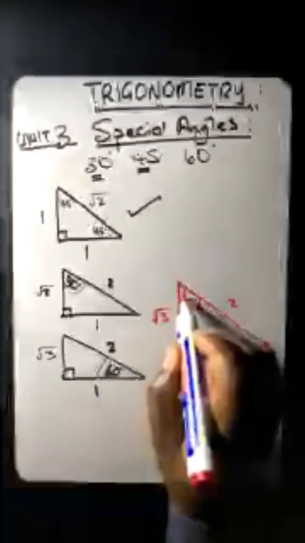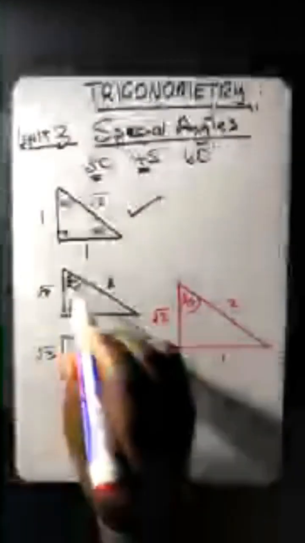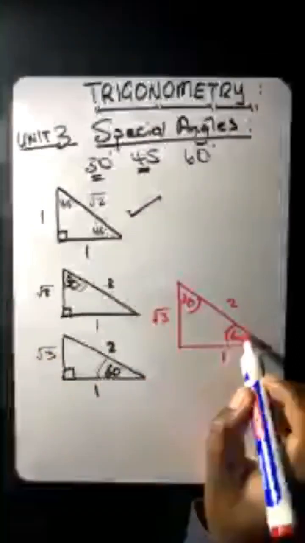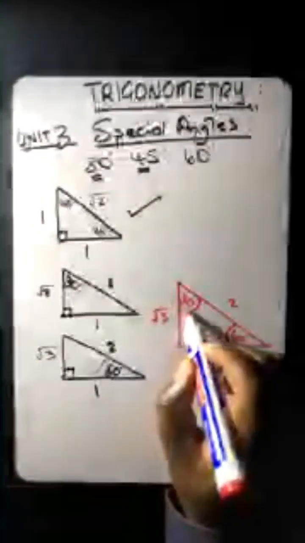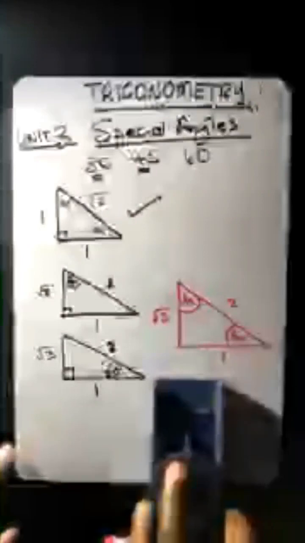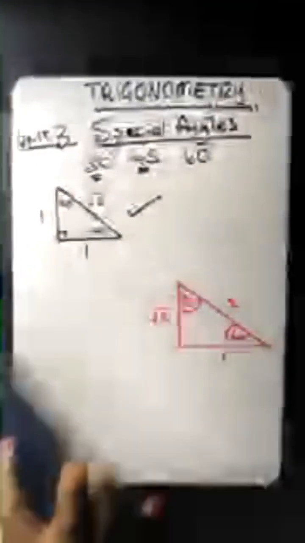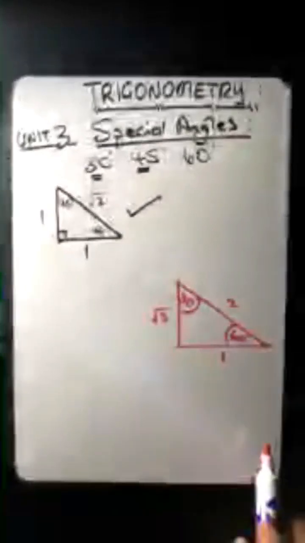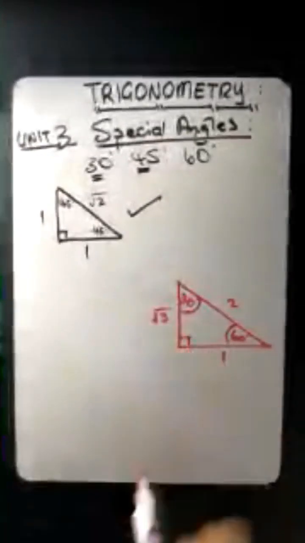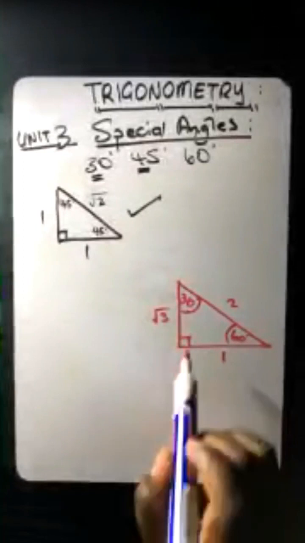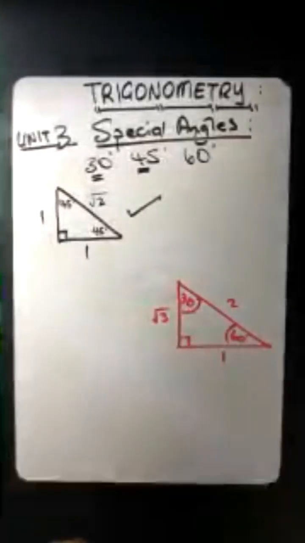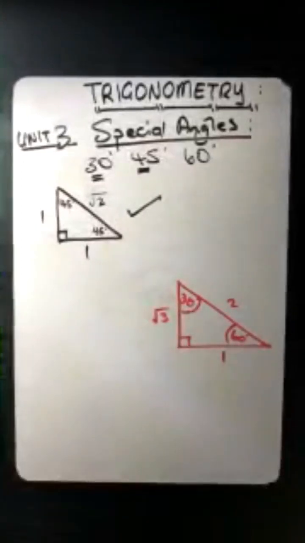That's when your 30 degrees is there, and then you still have your 60 degrees there. Sometimes they might not teach you in that way, but just teach you this one. But remember, it's only correct when it has that 90 degree angle, because we know 90 plus those adds up to 180 degrees, which is the sum of interior angles of a triangle.